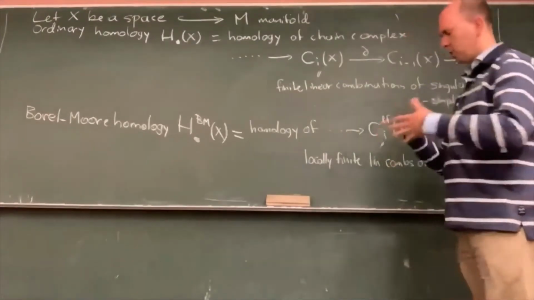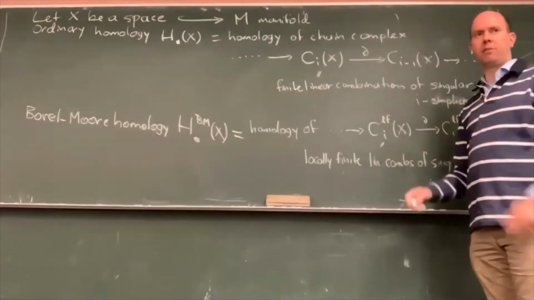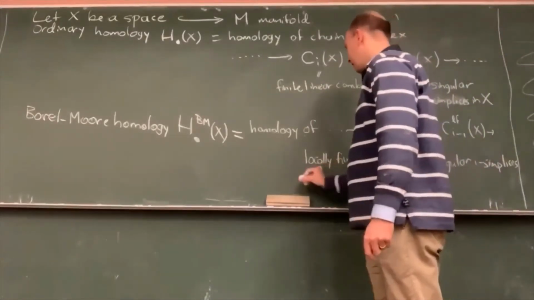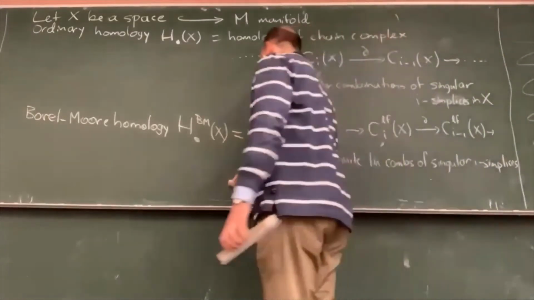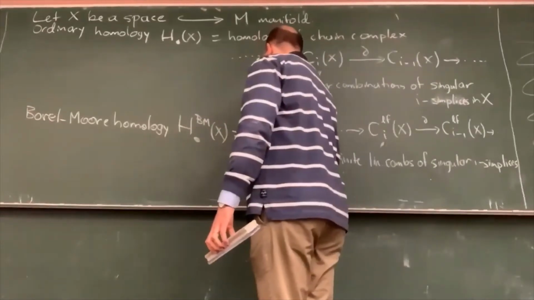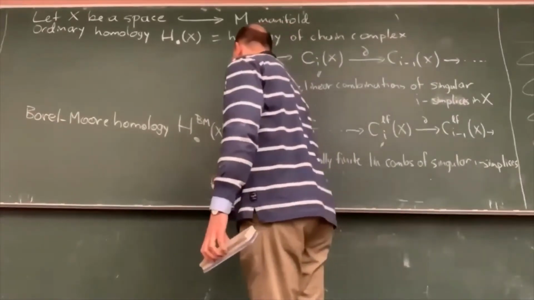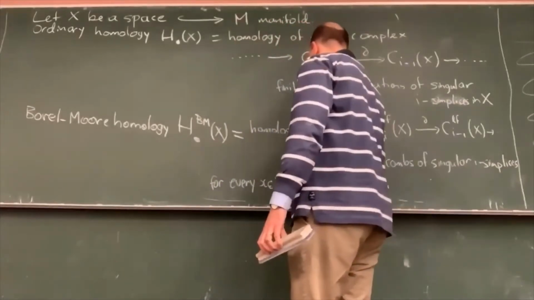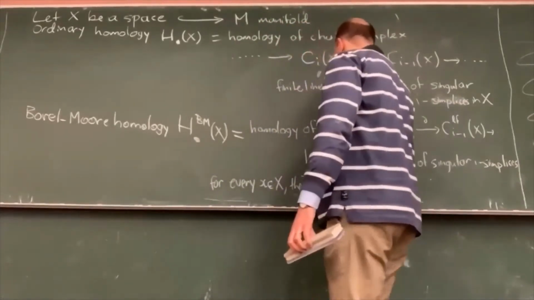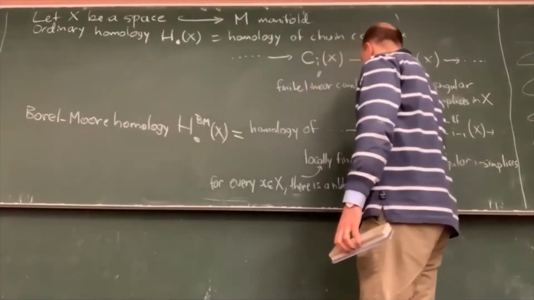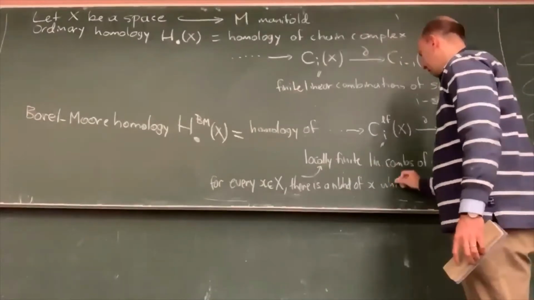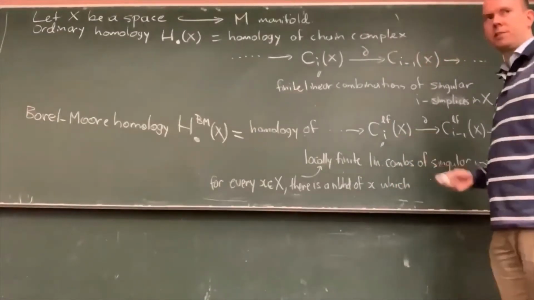It means you have some infinite formal linear combination of simplices, and it has to be locally finite in the sense that for every point in X, there is a neighborhood of X which meets only finitely many of the simplices with non-zero coefficients.